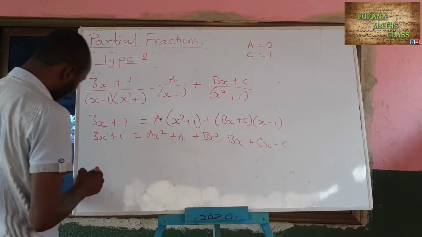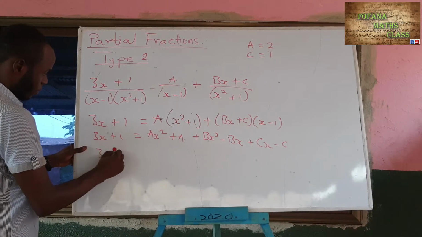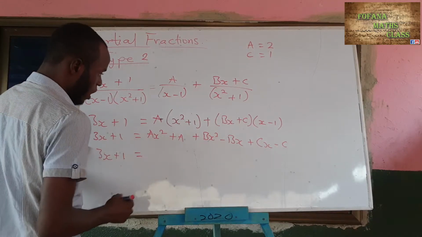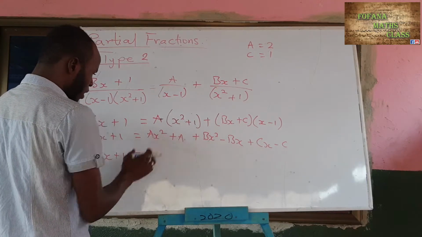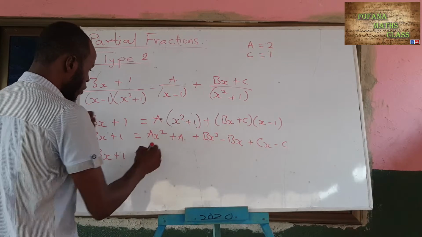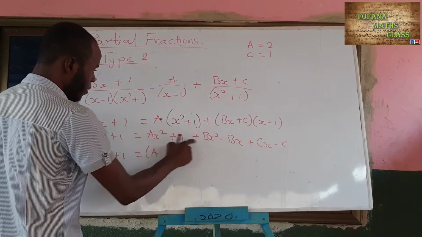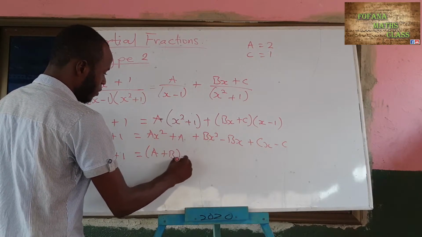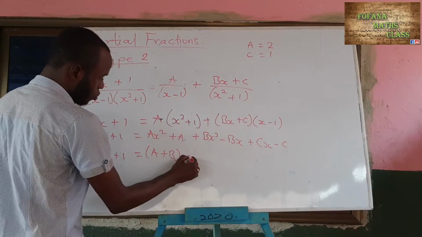So we have here 3x plus 1 to be equal to, now with the x squares, we will factorize x squared out. So we have A plus B, then x squared factorized out.